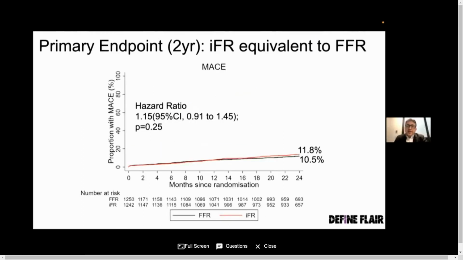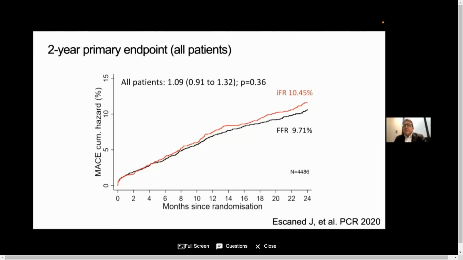DEFINE FLAIR is a little bit behind in reporting the results. We've got the 2-year data, which came out a year or so ago, and this shows us, again, equivalence between IFR and FFR, and next year we should report the 5-year data from DEFINE FLAIR as well. So really, without question, we know that these studies, IFR SWEDEHEART and DEFINE FLAIR, show us that there's equivalence between using either an FFR or an IFR-guided approach to guide revascularization.